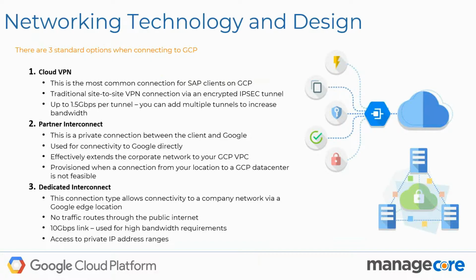The second most common network topology is going to be a partner interconnect. This product is actually a private connection between you and GCP, and it's always provided by a specific partner of your choice.